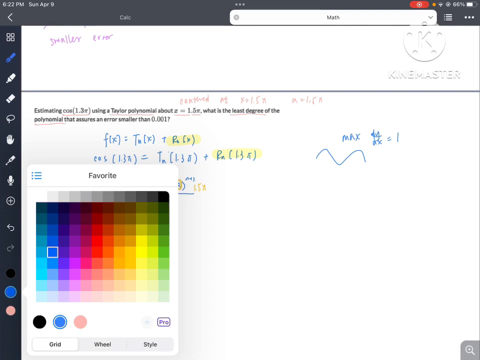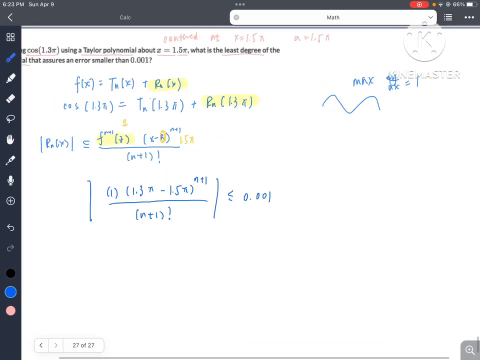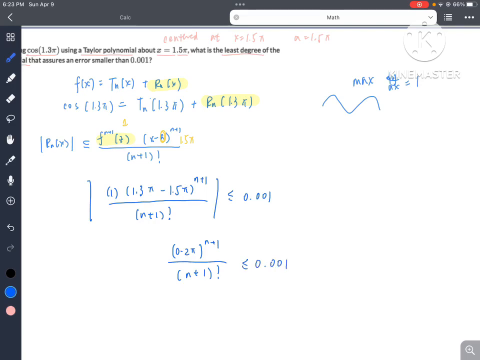So we can rewrite everything as 1 times (1.3 pi minus 1.5 pi) to the n plus 1 over n plus 1 factorial, which is smaller than 0.001, because we are taking the approximation of 1.3 pi. After taking the absolute value, it's around 0.2 pi to the power of n plus 1 over n plus 1 factorial is smaller than 0.001.